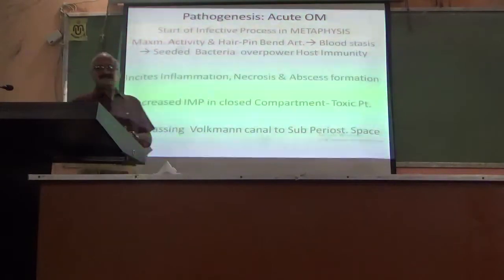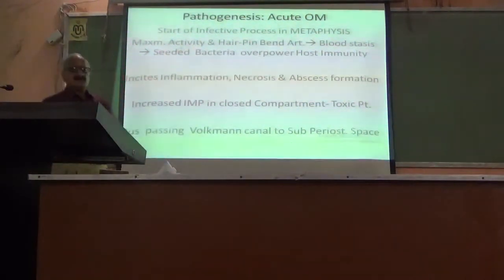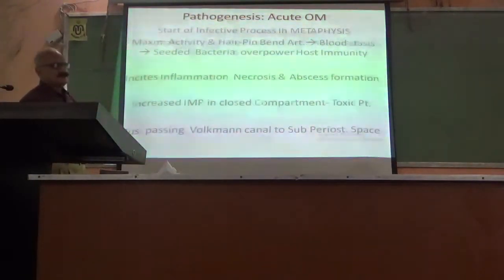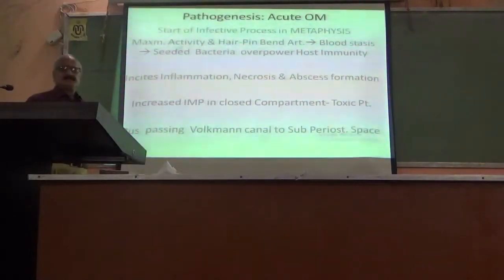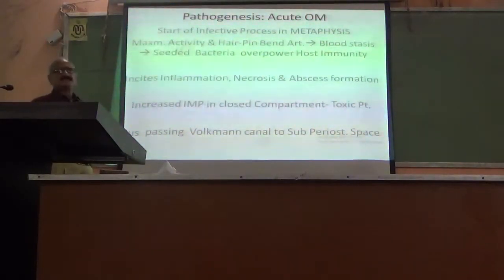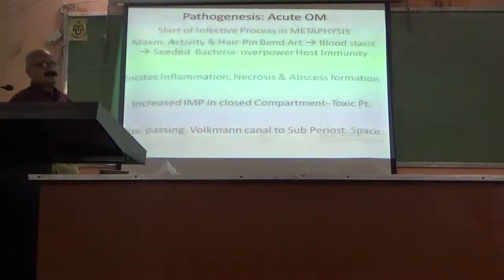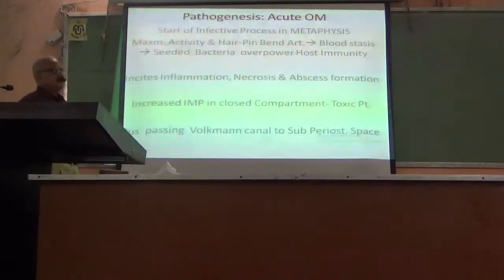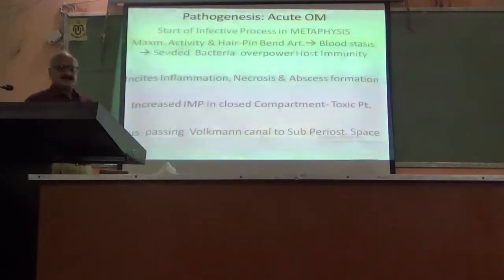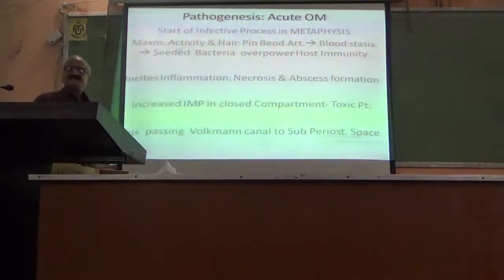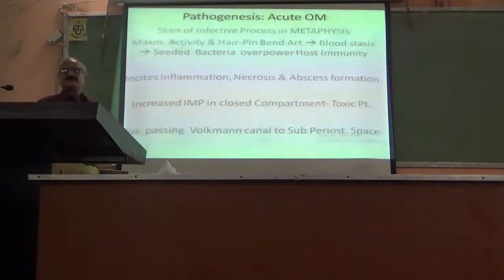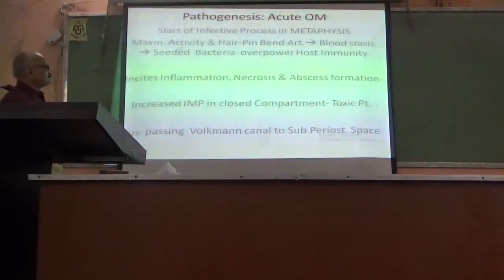And if this seeded bacteria overpowers the host immunity, then the process of infection and subsequent inflammation starts in the local metaphyseal region. That is why, as a rule, in hematogenous osteomyelitis we get this metaphyseal start of the disease, acute osteomyelitis.